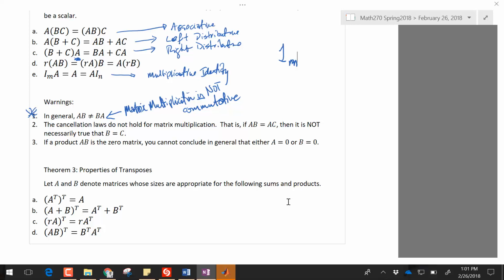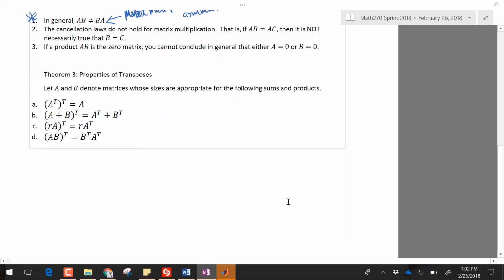So we can do a simple 2x2 example just to see that come out. Let's let A equal 1, 2, 3, 4. Let's let B equal, I don't know, 0, 5, 2, -1.